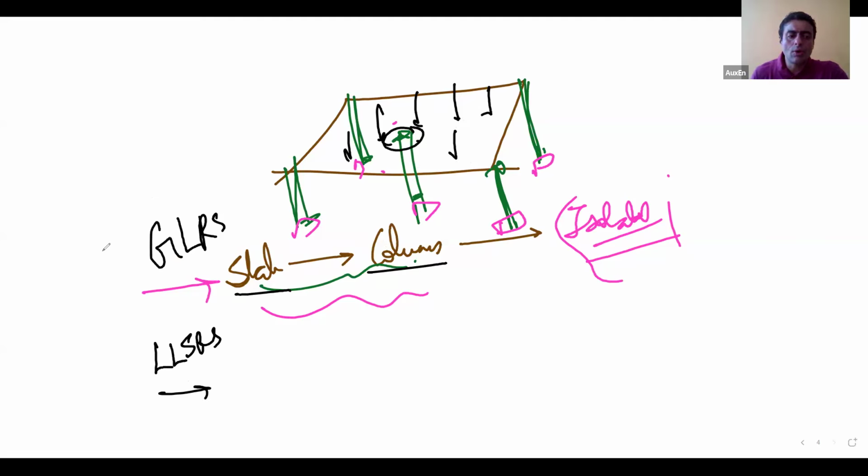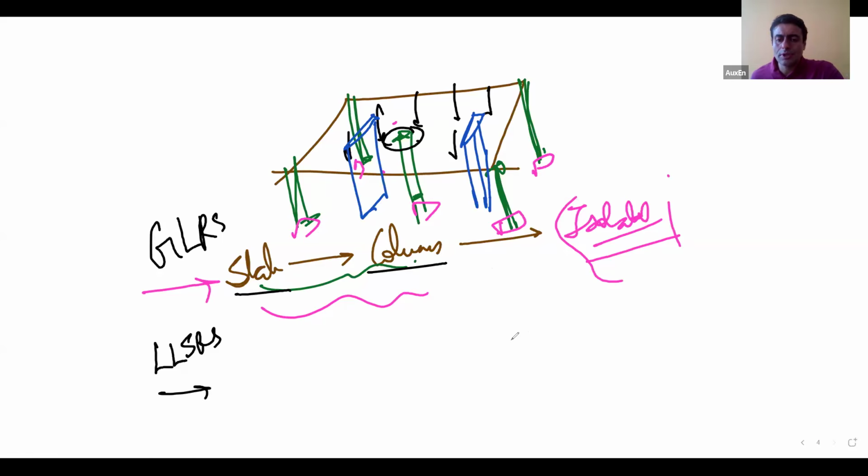So what do we introduce in such cases? I'm just having a very general discussion. We introduce RCC structural walls, or shear walls. Do you understand this?